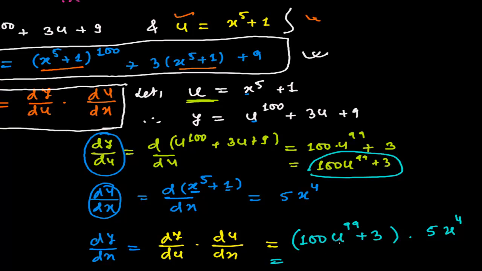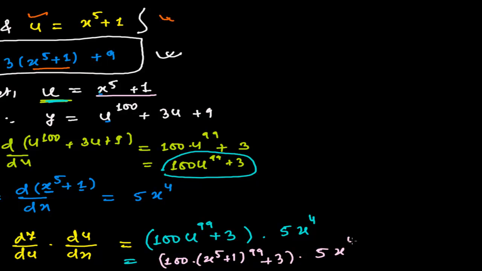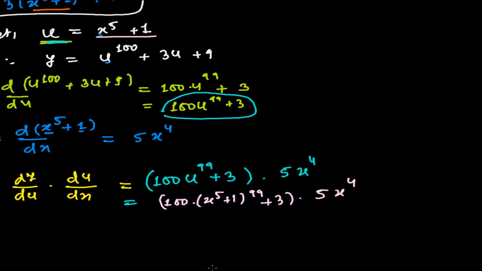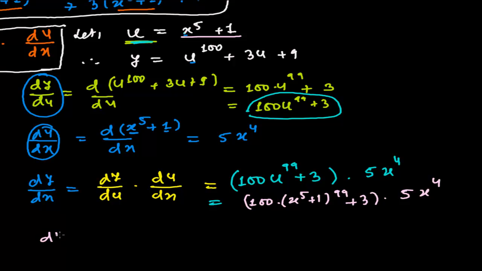And now let's put in the value of u. Here u is actually x to the power 5 plus 1. So now I'm going to remove that, and I'm going to get 100 times, in place of u, I can write x to the power 5 plus 1. So I'll get x to the power 5 plus 1, to the power 99, plus 3, and then times this 5x to the power 4. So let's arrange this properly. Our dy over dx is now going to be, this is 100, and this is 3.